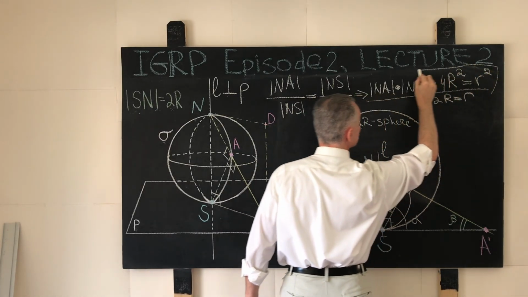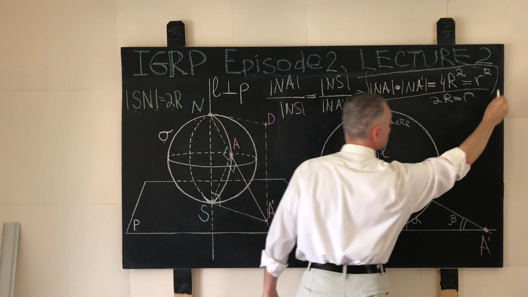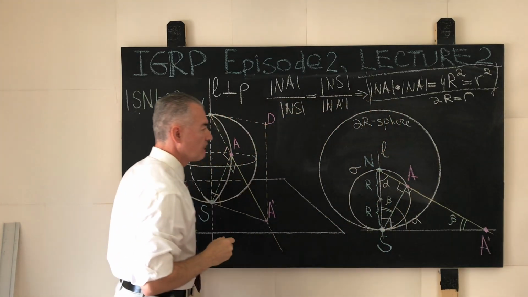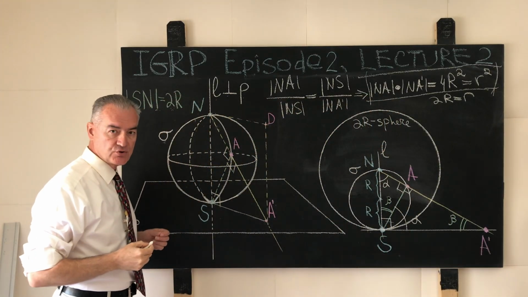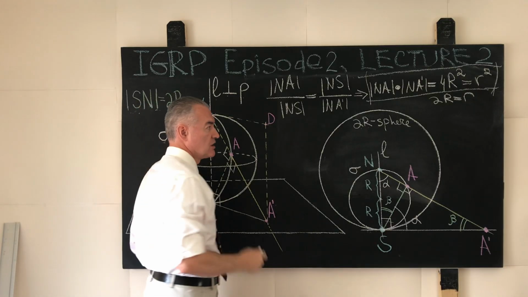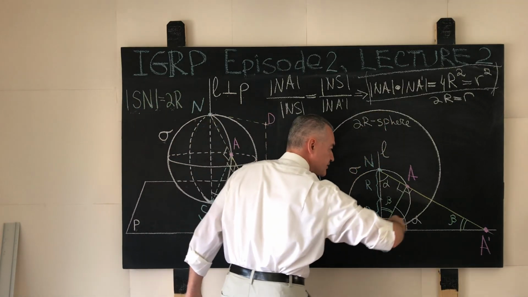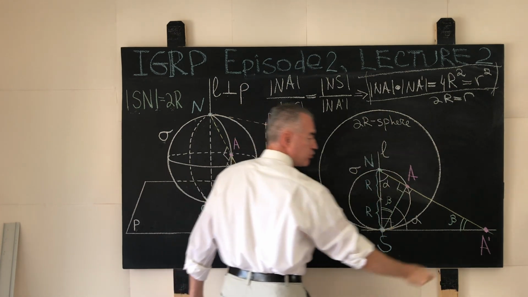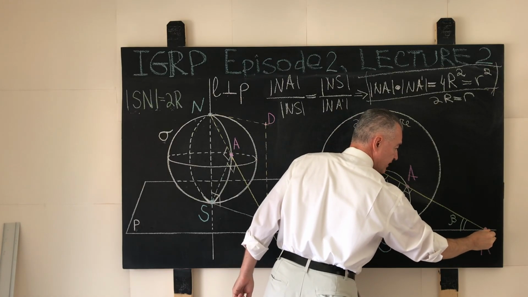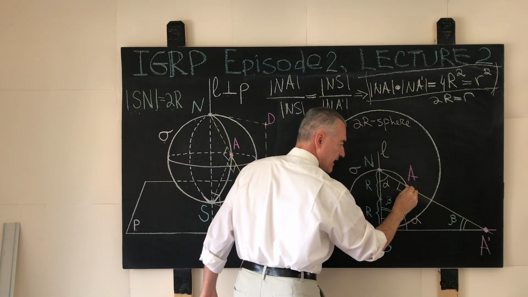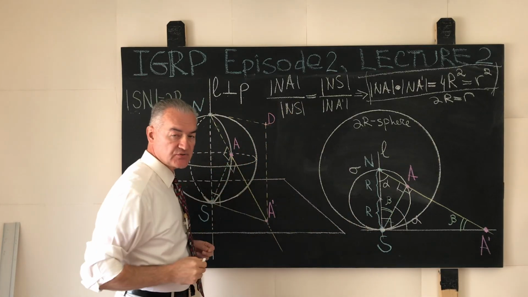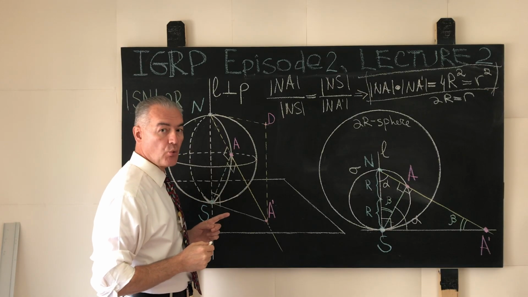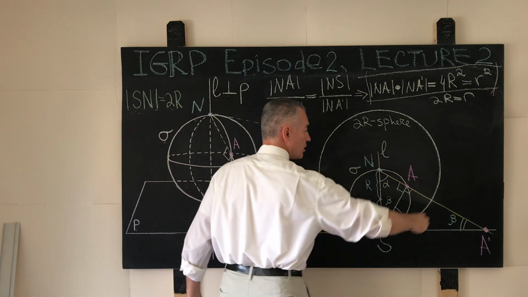This will be the workhorse for the rest of this course. We will come back to this relation time and time again. And the reason I brought this to your attention is because now, with respect to the 2r sphere centered at N with the radius 2r, the point A prime is called the image of the point A. And that transformation is known as inversion of the space, 3-space, with respect to the 2r sphere.